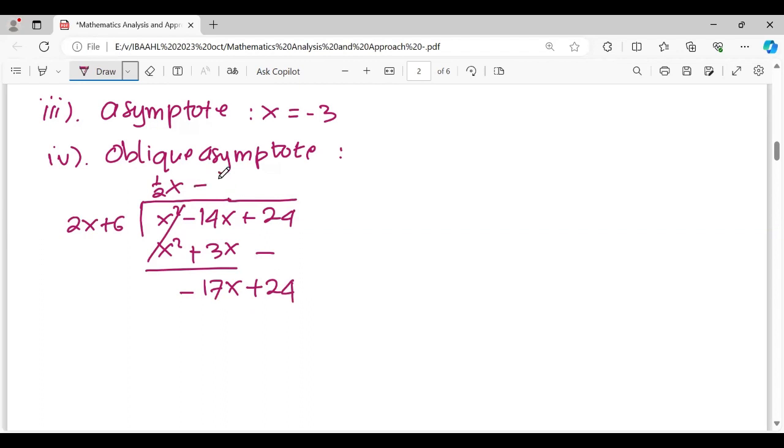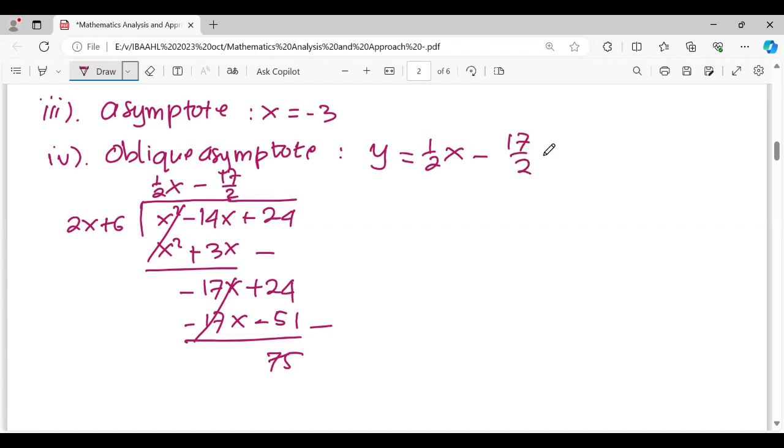After that, times minus 17 over 2 becomes minus 17x minus 51, remainder 75. So this is the oblique asymptote: y equals half x minus 17 over 2.